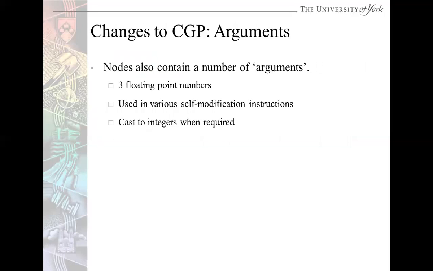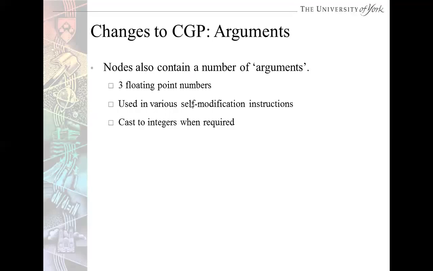I mentioned, for instance, in the skip input function, that it uses a parameter. We actually call those arguments. The self-modifying operations, as we'll see shortly, alter the code, so they need arguments to tell them how they operate, where they start, where they stop, and so on.